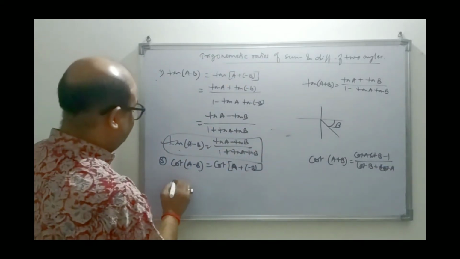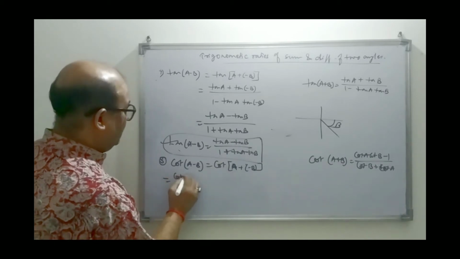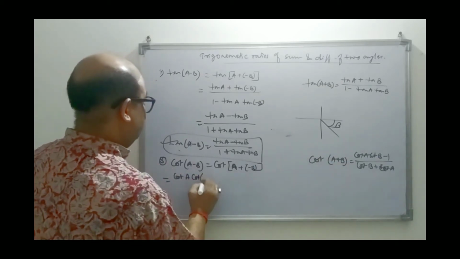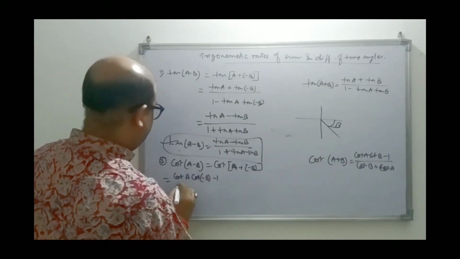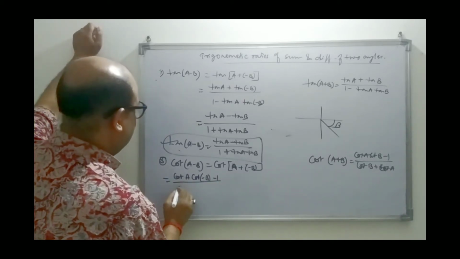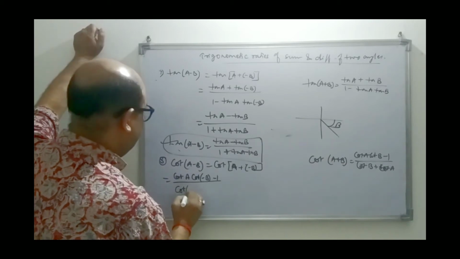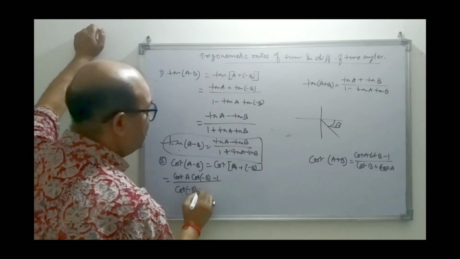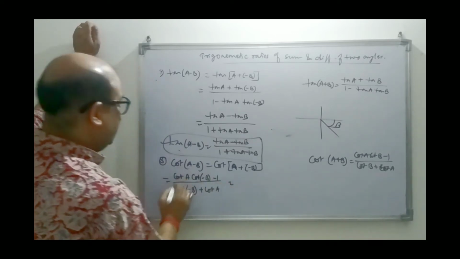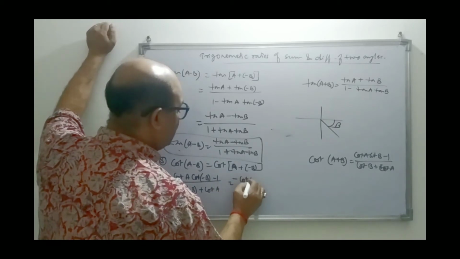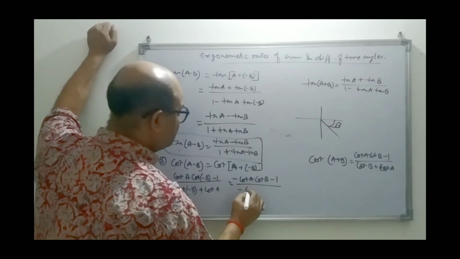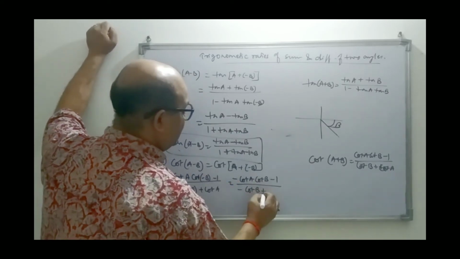Right here, this can be written as (cot A cot(minus B) minus 1) upon (cot(minus B) plus cot A). That is what I get: (minus cot A cot B minus 1) upon (minus cot B plus cot A).